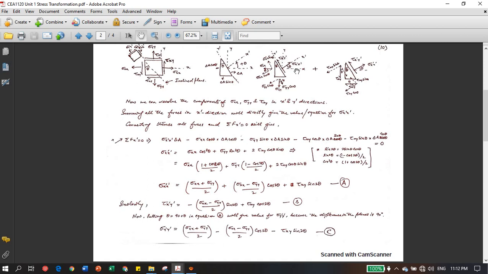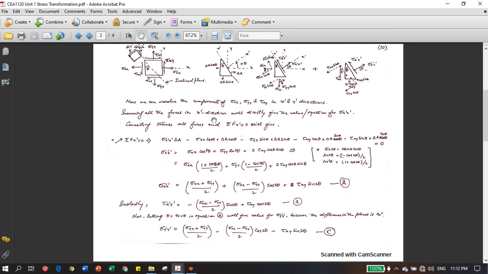Make sure that you sum all the forces, the normal forces as well as the shear forces. So first of all, we have to resolve the components of these stresses, and the shear stresses, that you can see here: sigma yy cos theta, sigma yy sin theta, sigma x cos theta, sigma x sin theta, and similarly for the shear stresses.